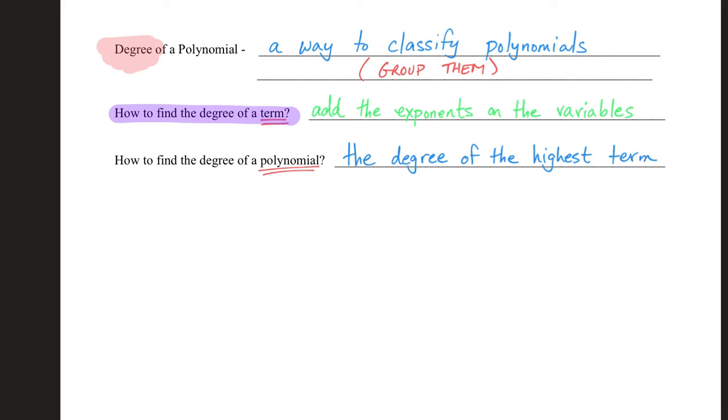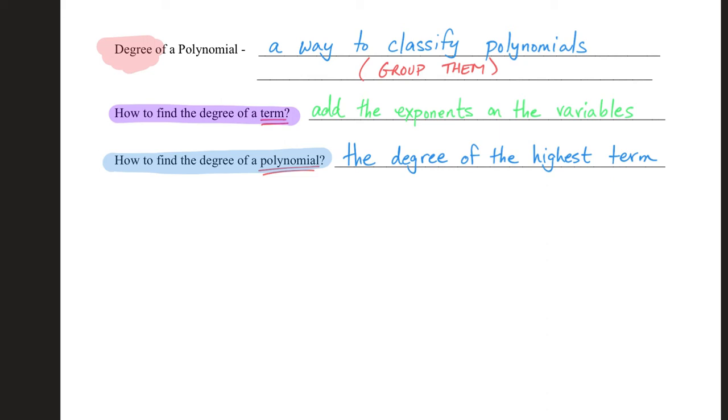You now take a look at the next question and it says, how do you find the degree of a polynomial? And you almost might say but wait a sec, didn't we just talk about that? And that's why I want you to underline the word term and underline the word polynomial just as I have. If you're writing this down as a blank note, circle them, highlight them, do something to draw your attention to term versus polynomial.